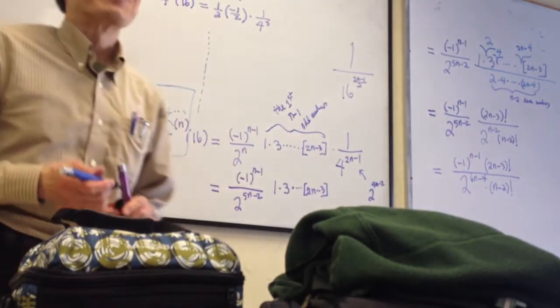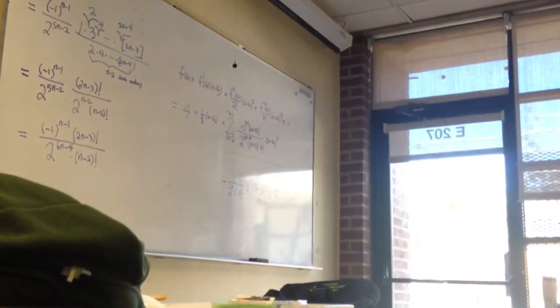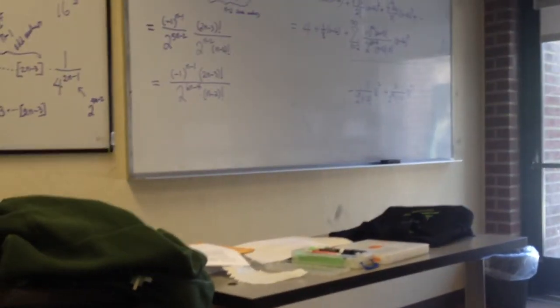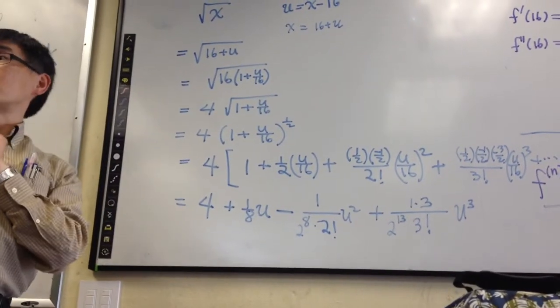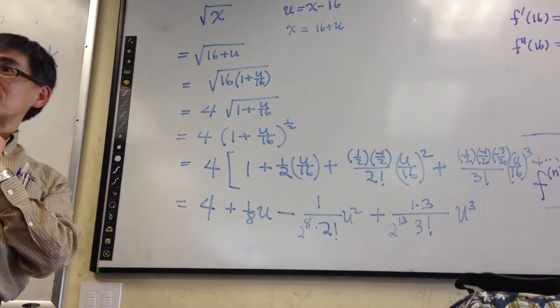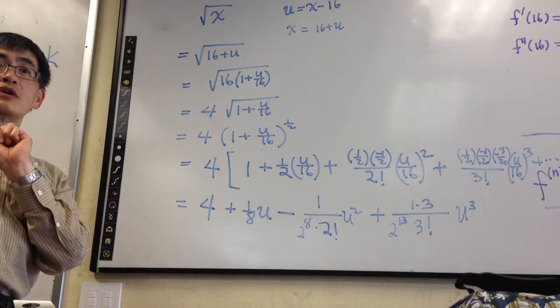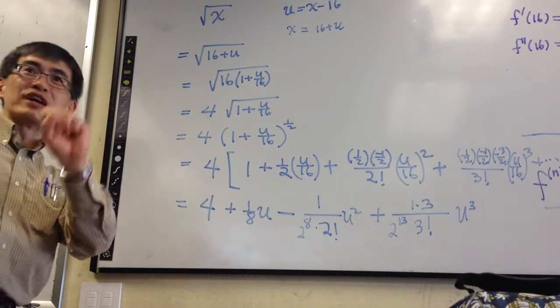I'm sure you're tired too. So, just to give you an idea, you don't have to always take the derivative. This is the second approach. What you do is that I want to expand around 16, the Taylor series centered at 16. So usually I use a trick. If you want to center around x equal to 16, then you simply do x would be 16 plus an increment.